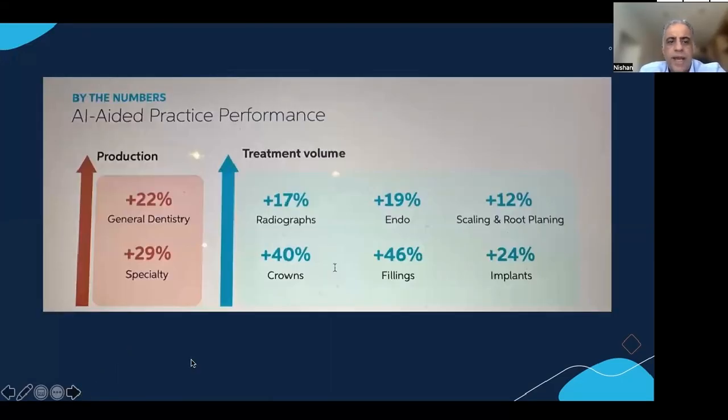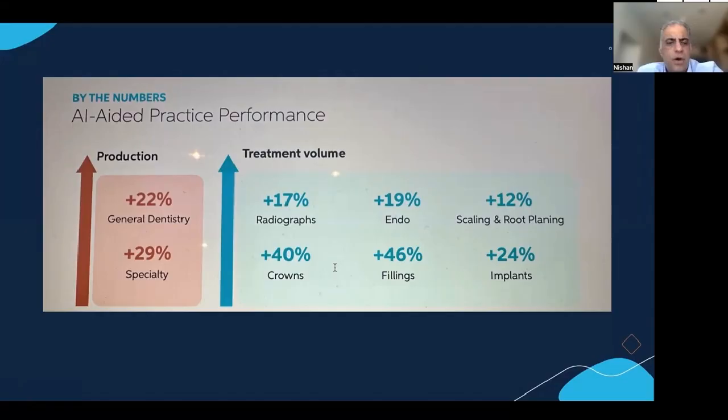So looking at some data, again, it's a little bit US based, but some of these figures are quite interesting, really. Looking at the first one, a 46% increase in treatment volume for restorative fillings, restorative work, and a 12% increase in hygiene. For me, that's bread and butter dentistry.